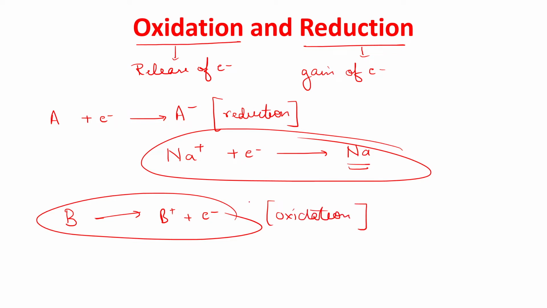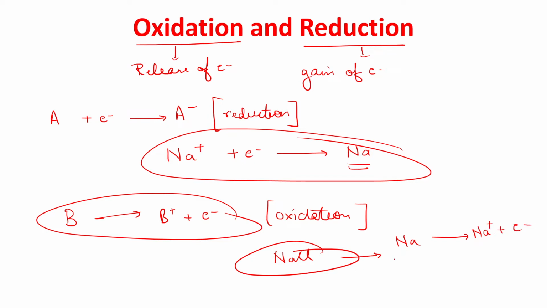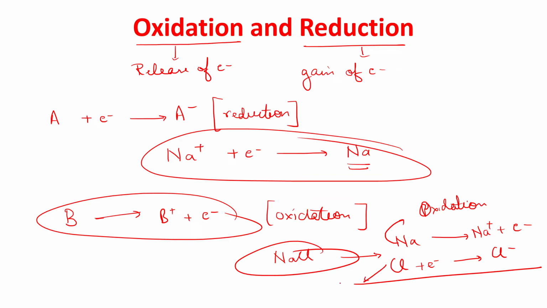Let's say in a chemical reaction we take sodium chloride. If we are doing the electrochemistry for this, sodium has a tendency to release electrons: Na gives Na plus and an electron. Chlorine, on the other hand, will gain an electron and generate Cl minus ion. If you combine both, the first one is oxidation and the second one, gain of electron, is reduction.